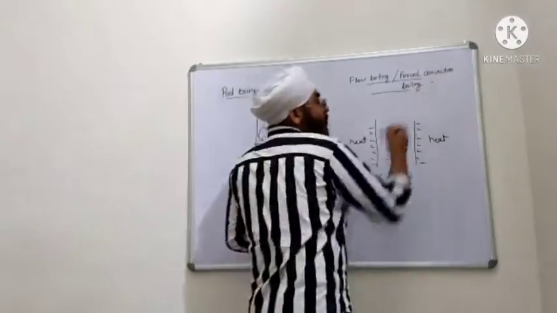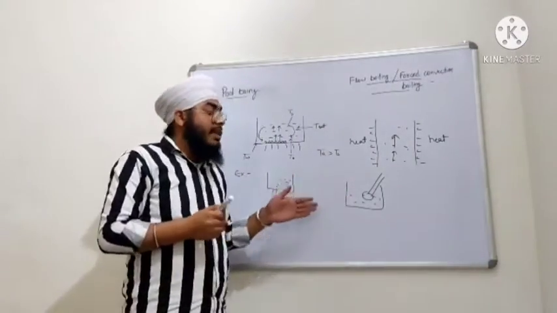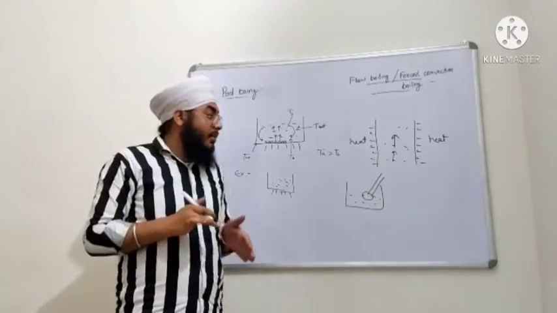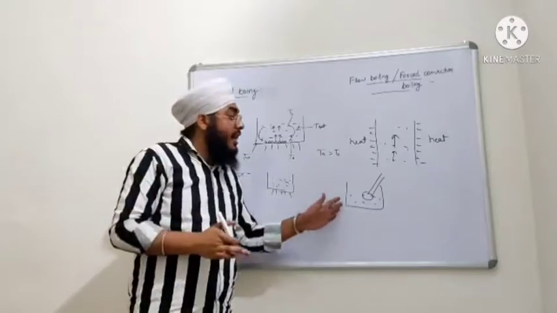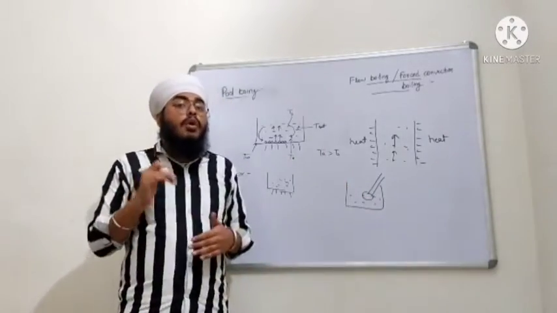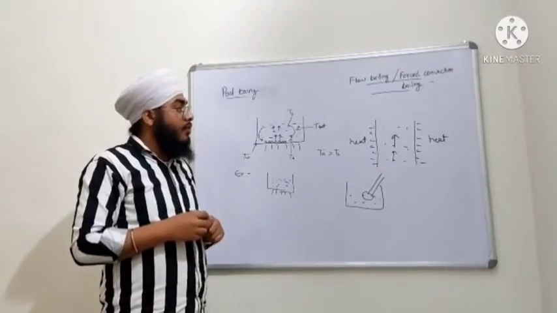Thus the name, forced convection boiling. And because of this, the chai will take less time to make, because it improves the rate of heat transfer, as the heat transfer coefficient is now increased. So this is forced convection boiling or flow boiling.